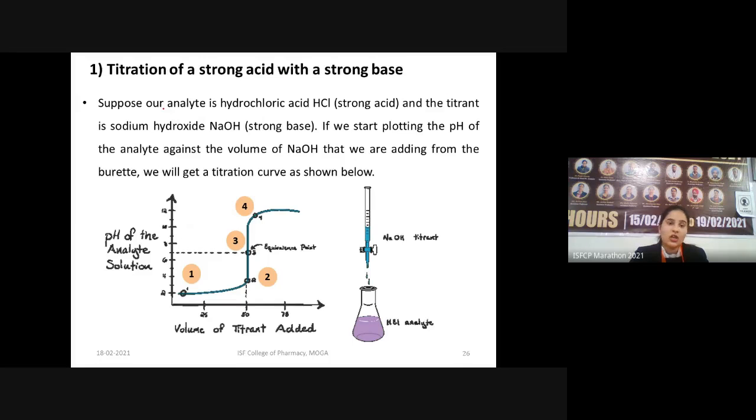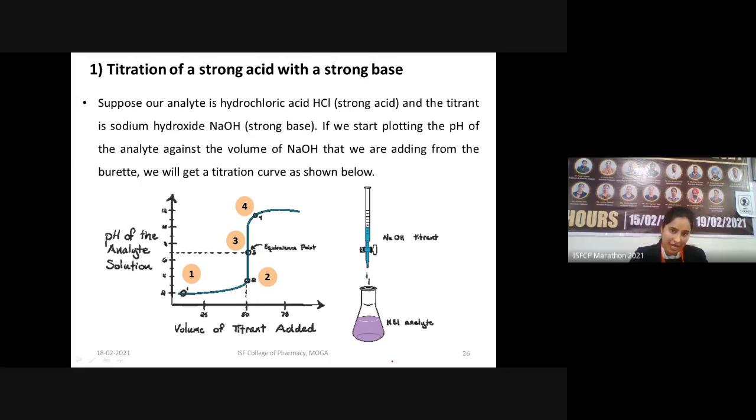Now suppose our analyte is hydrochloric acid. We can suppose that the sample whose concentration we do not know, the sample whose concentration has to be estimated, is an HCl solution, and we take it in the conical flask.